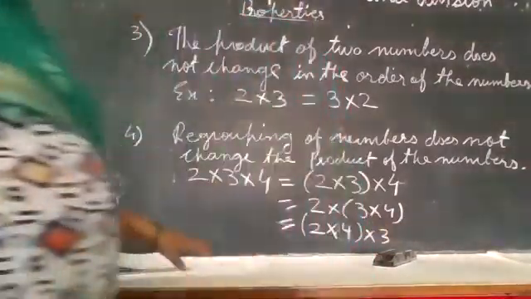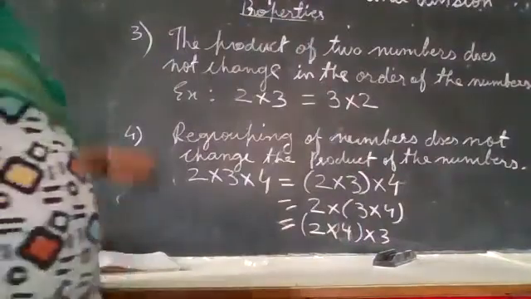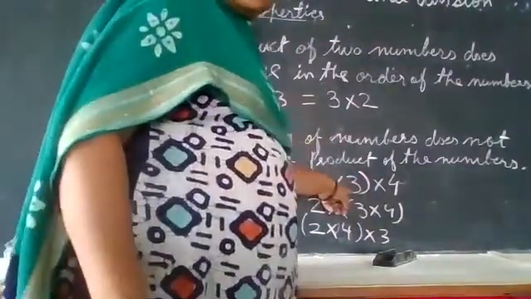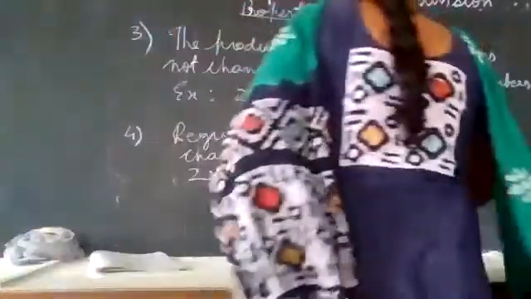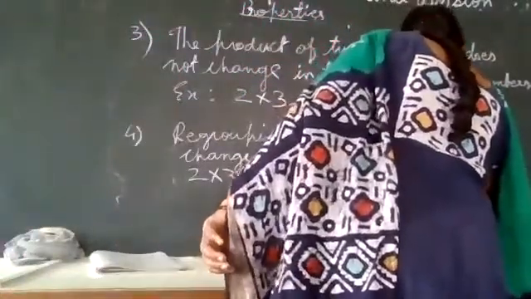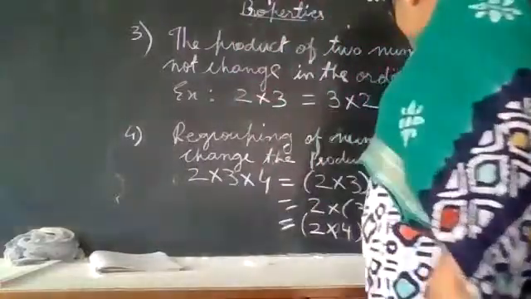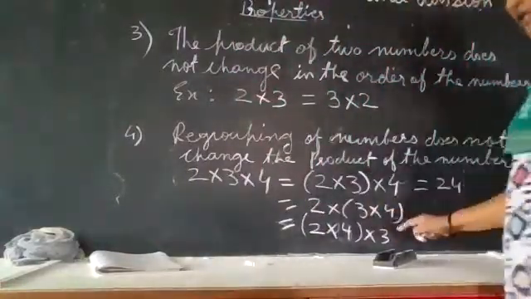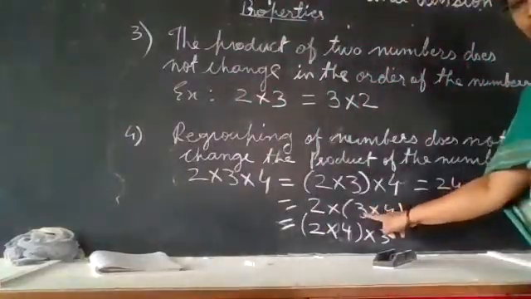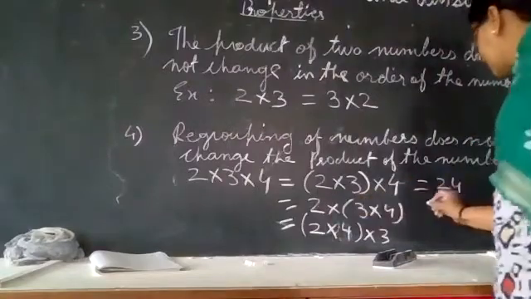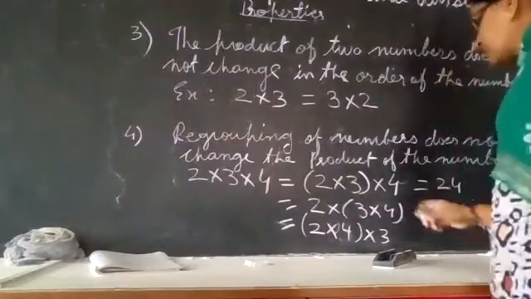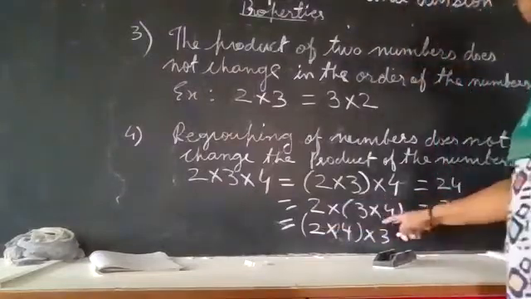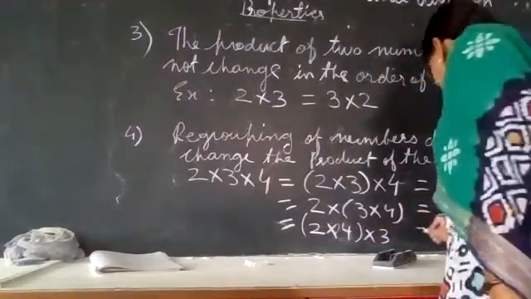Okay, now tell me what the answer is. 3 2s are 6, 6 4s are 24. 4 3s are, now see here, 4 3s are 12, 12 2s are 24. 4 2s are 8, 8 3s are 24.